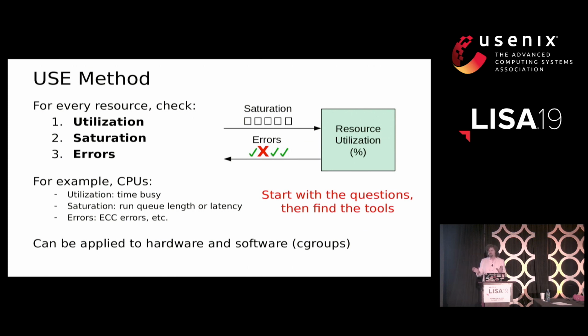And I've published tables showing how to do the USE method for different operating systems. What's nice about the USE method is it puts you in charge of the questions you're asking of the system. Rather than trying to figure out all of these metrics, you're now saying, these are the 3 that matter for each hardware component. Now I need to go and find those 3. And you'll discover blind spots, things that you hadn't checked before.